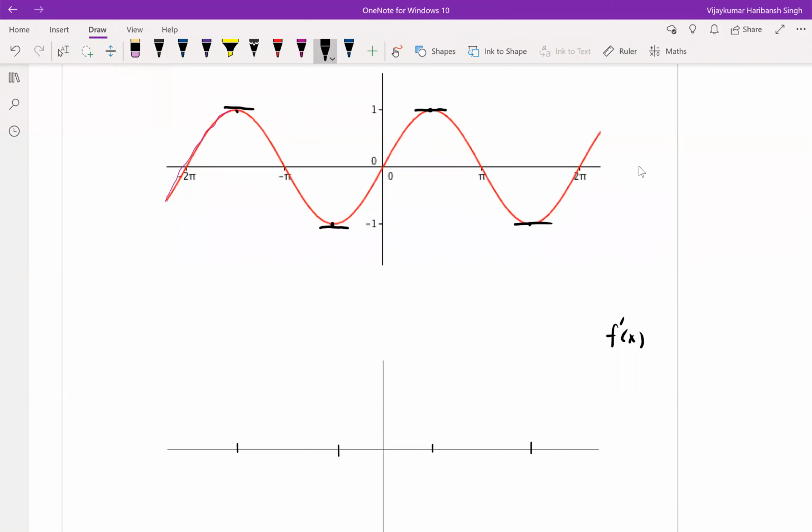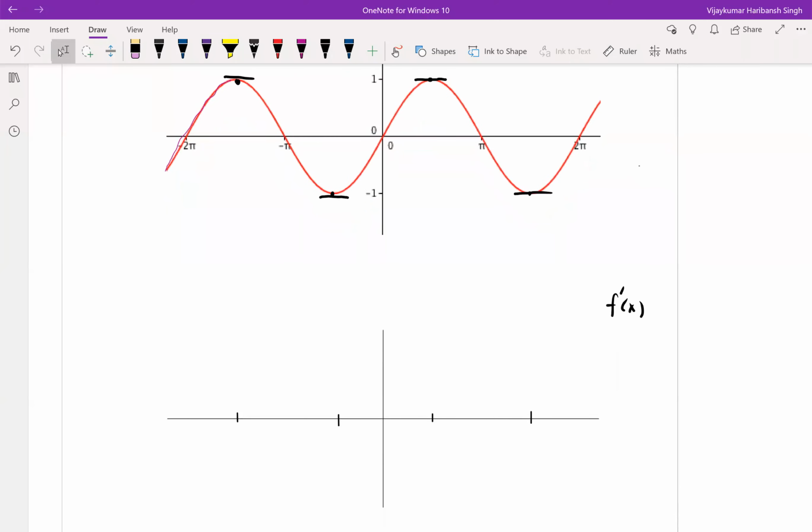However, the slope of the tangent line is slowly becoming 0. So here the slope of the tangent line becomes 0.